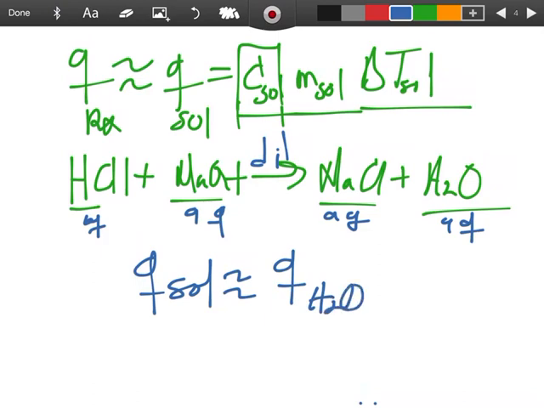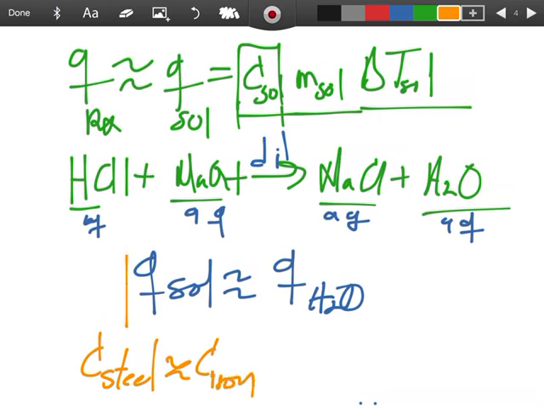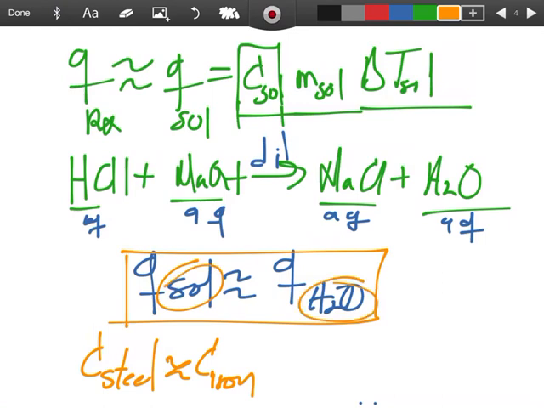And if that is true, do you remember that in our previous example, I made a consideration that the specific heat of steel is going to be mostly the same as the specific heat of iron? Well, I can apply exactly the same criteria for this example. So for the Q of solution, I can use the Q of water, meaning that the C of the solution, if it is diluted, is mostly going to be the C of water. So let's go and continue in another page.